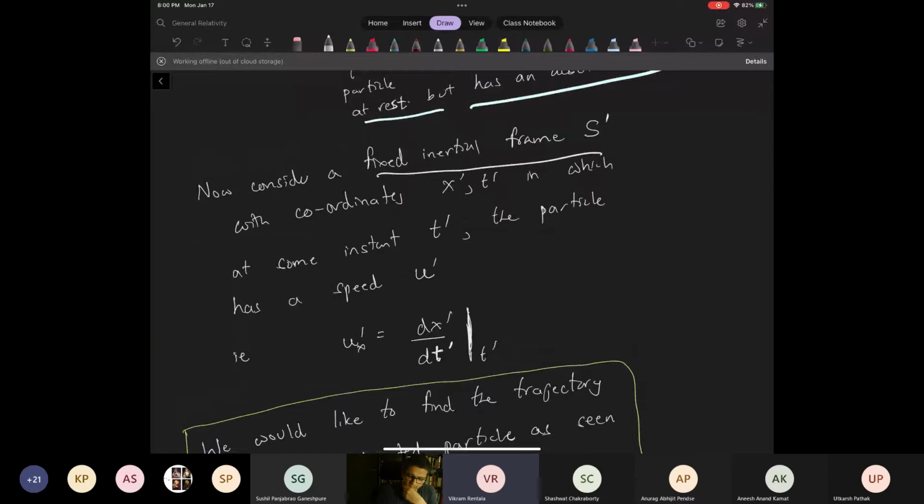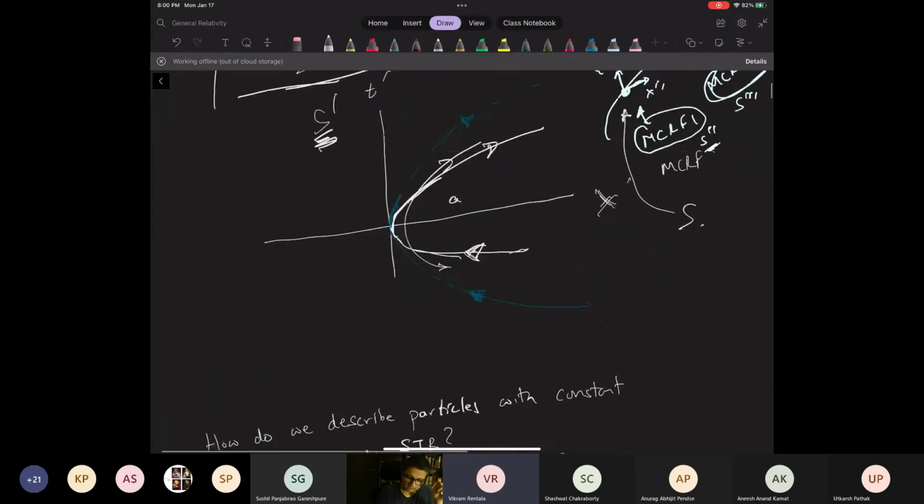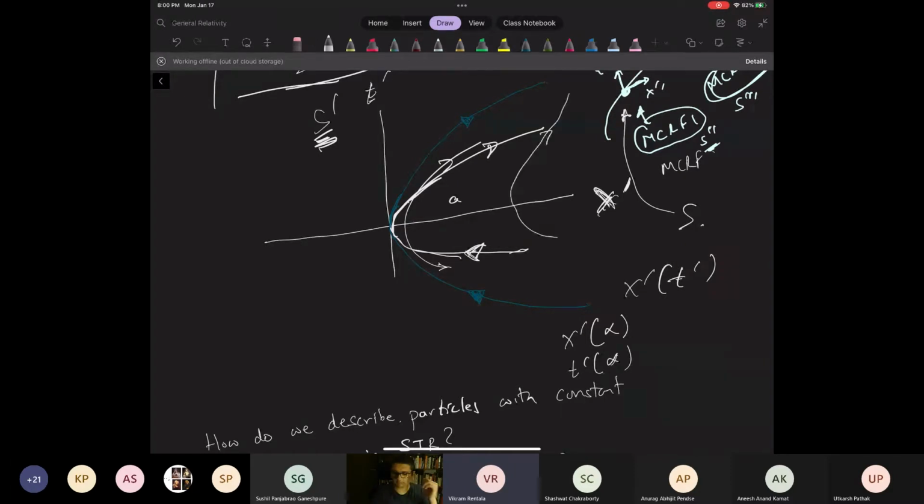And in the coordinates of S prime, which is the original coordinate system, there are coordinates x prime and t prime, and the particle is following some trajectory. I can either write the trajectory as some x prime of t prime, or I can write it parametrically as some x prime of some parameter alpha, and t prime as a function of alpha. As I vary alpha, I move to different space-time points, and that describes the trajectory of the particle. This is called a parametric representation of the trajectory.